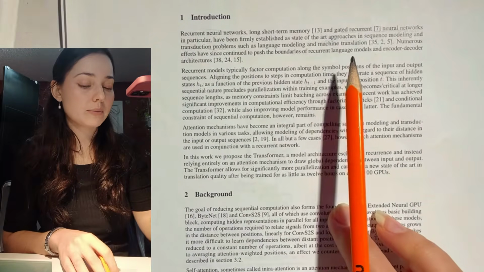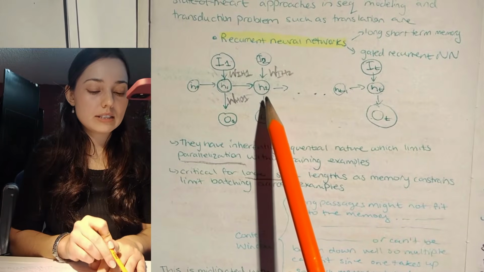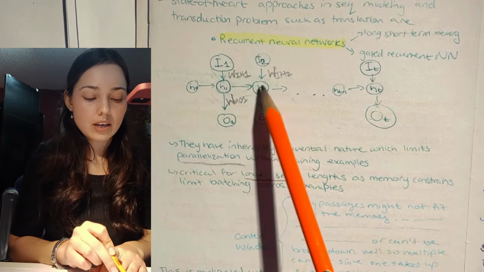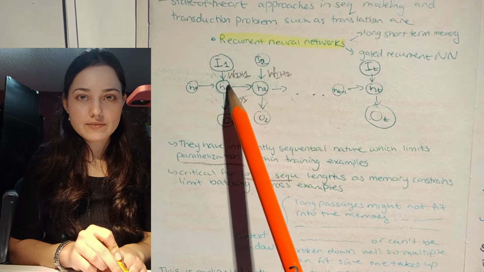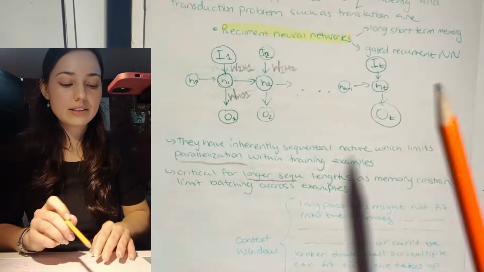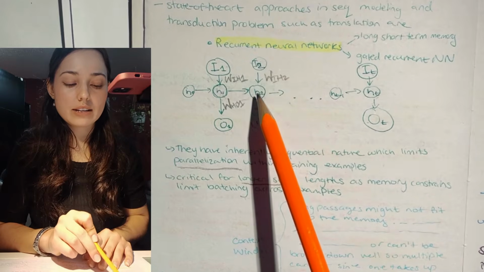So again, that's what I already talked about. Each state, for example, this state, depends on the previous state, which is also some kind of vector. That previous vector is fed into the current state, and it also depends on the input of that sequence.